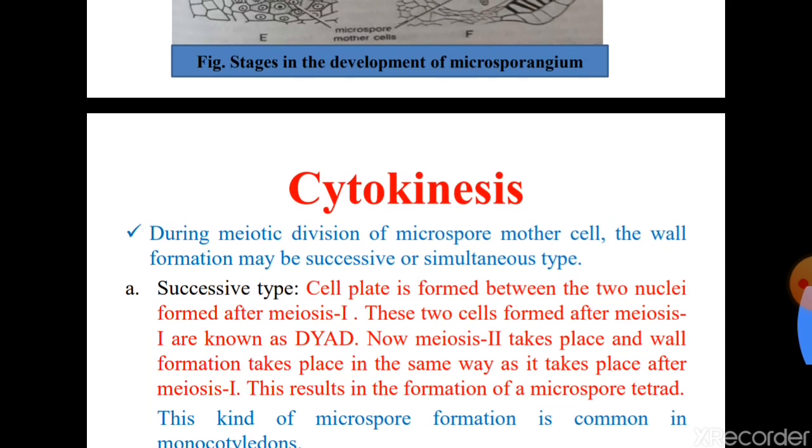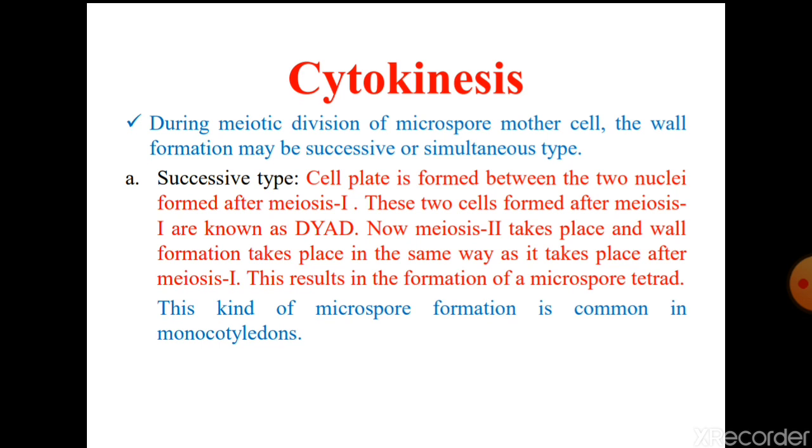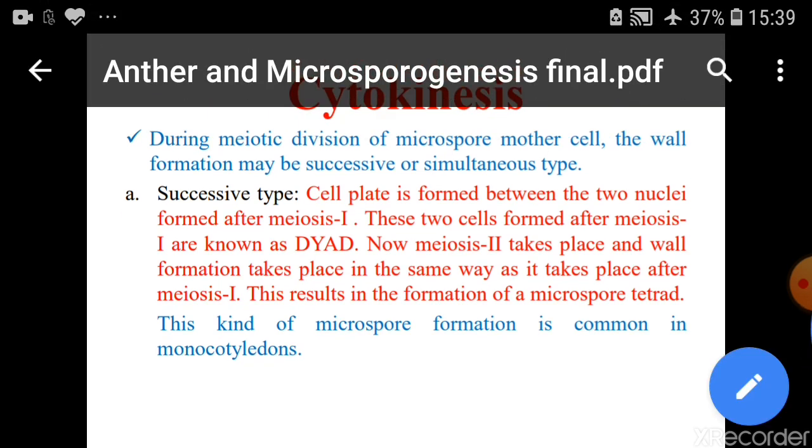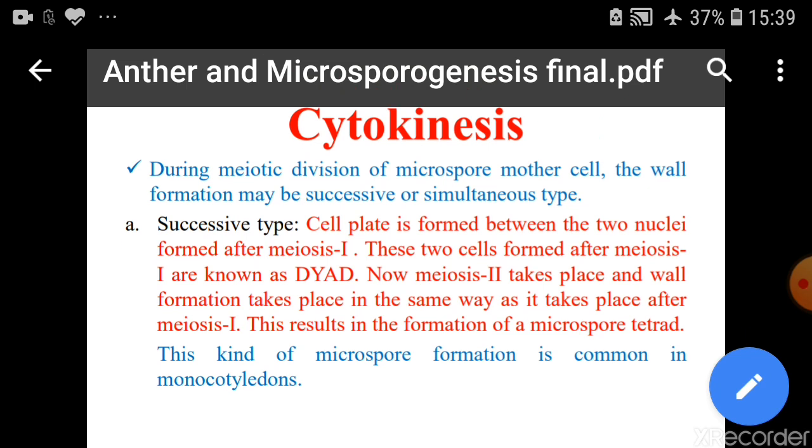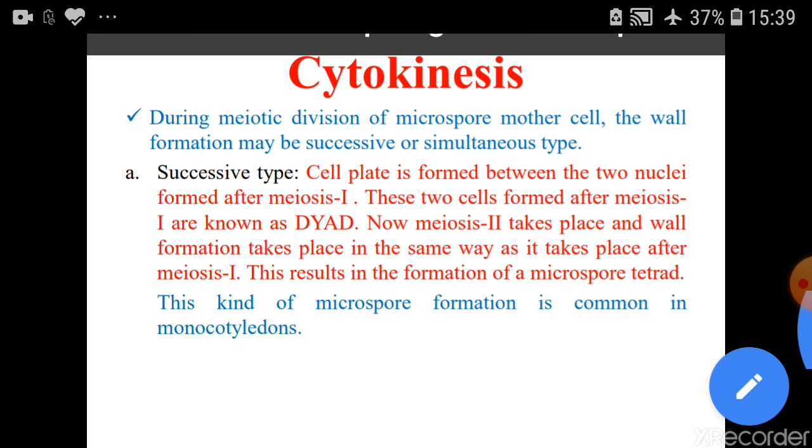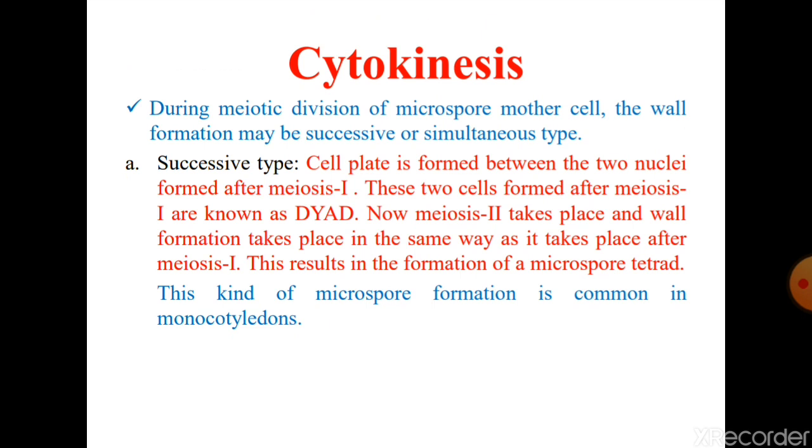There are 2 possibilities in the process of cytokinesis. It may be either successive type or simultaneous type. In successive type of division, after the meiosis first, 2 haploid nuclei are formed, and after meiosis first, wall formation takes place, resulting in dyad.